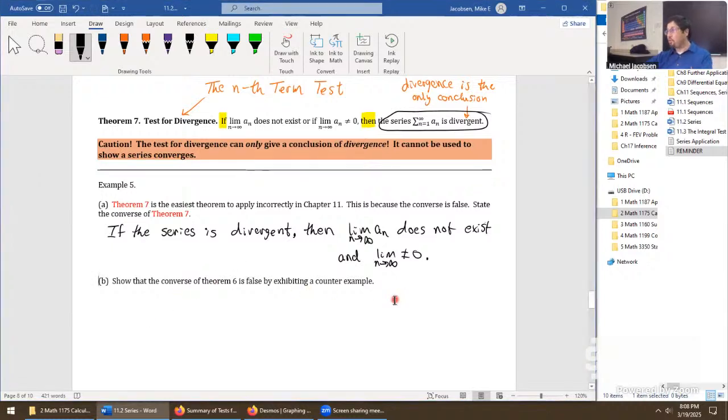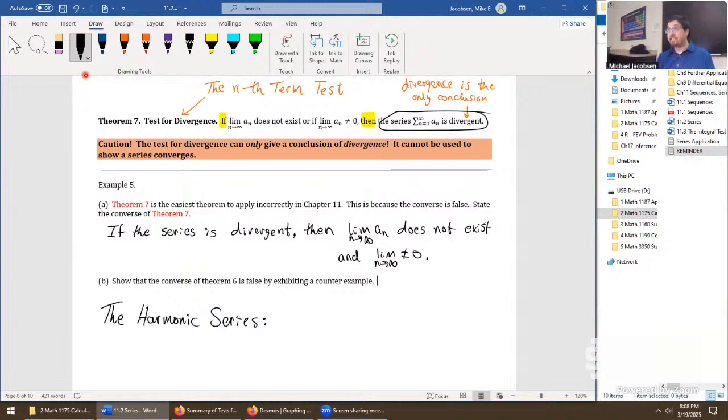And we're saying down below that it's automatically false. We should have a counterexample that we could exhibit. So what could be our counterexample? Let's take a look into this one. The harmonic series. We've looked into this one before, and it's in section 11.3. We're actually going to show ourselves that it diverges.